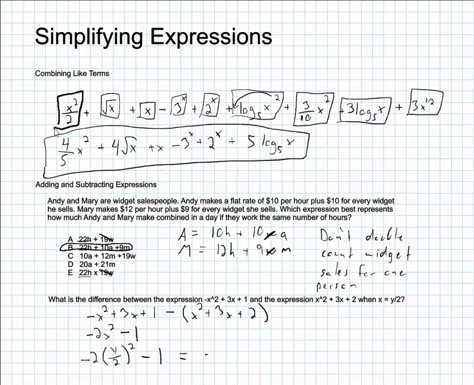That's going to be negative 2 times y squared over 4, because we squared y over 2, so that's y squared over 4. And then minus 1, and then we can simplify negative 2/4 to negative 1/2. So that's just going to be negative y squared over 2 minus 1. And that is the difference between those two expressions.